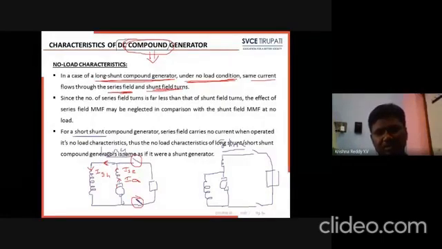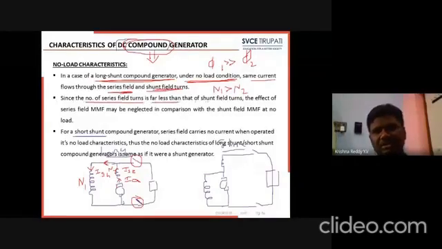Also, the shunt field winding has more turns and the series field winding has fewer turns. Say the shunt field has N1 turns and the series field has N2 turns. As N1 is greater than N2, the flux produced by the shunt field winding is also greater: phi1 is greater than phi2. The number of series field turns is far less than that of shunt field turns.